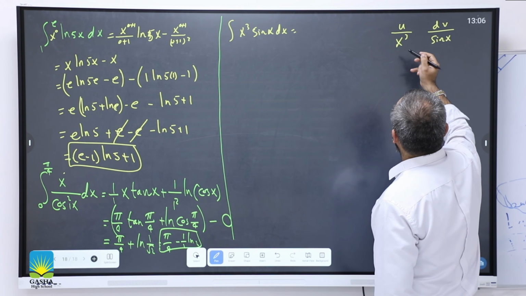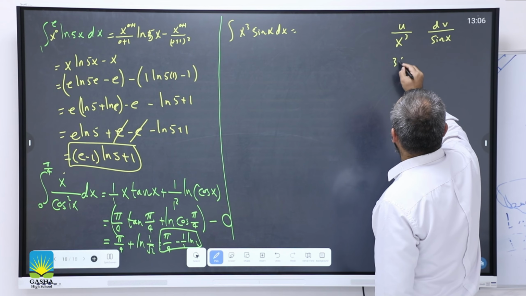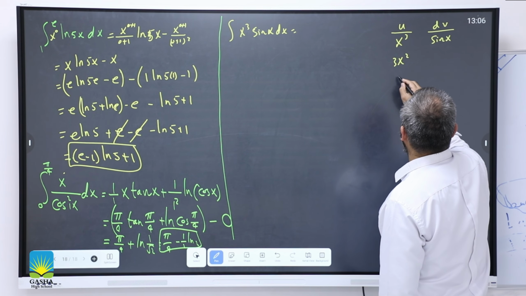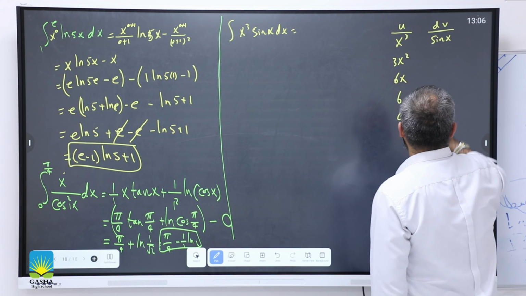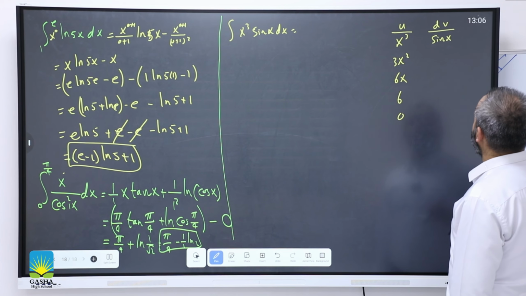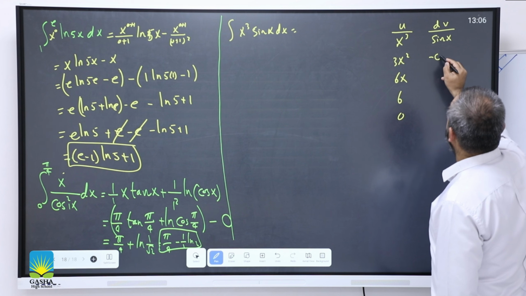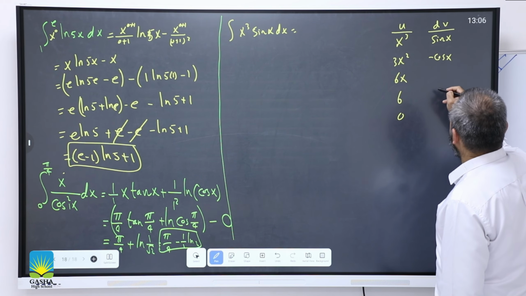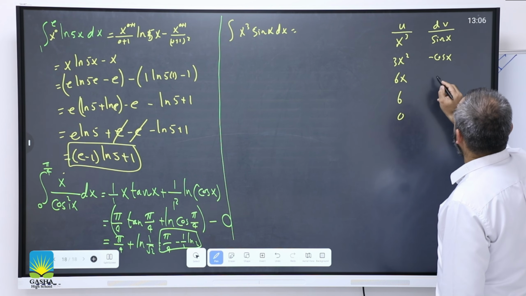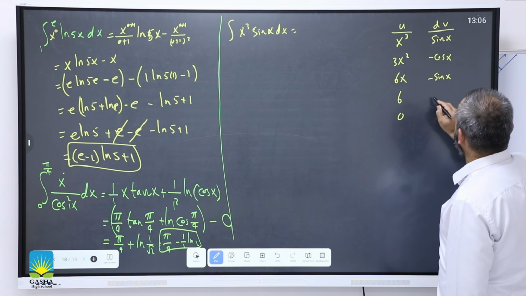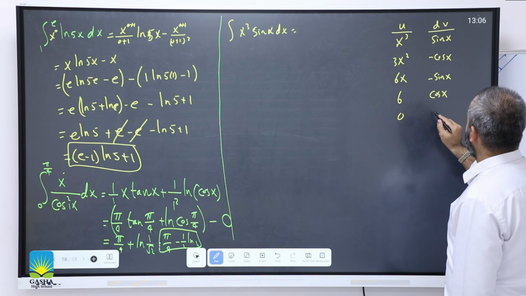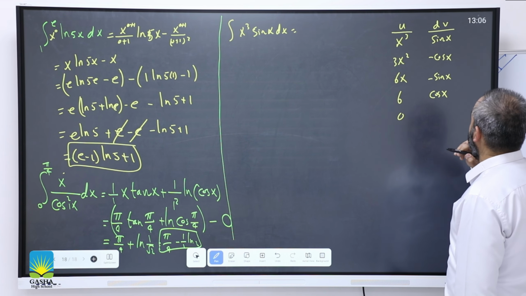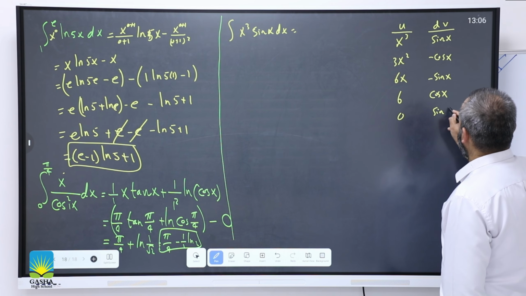The derivatives are 3x power 2, then 6x, 6 and 0. The integral of sine x becomes negative cosine x, the second integral becomes negative sine x, the third integral becomes cosine x, and the final integral is sine x.